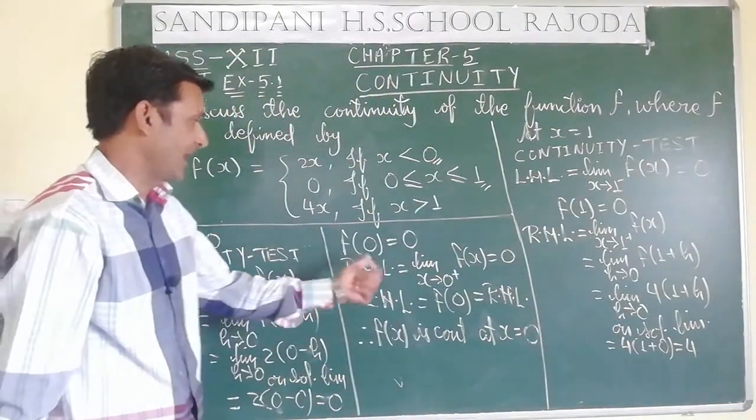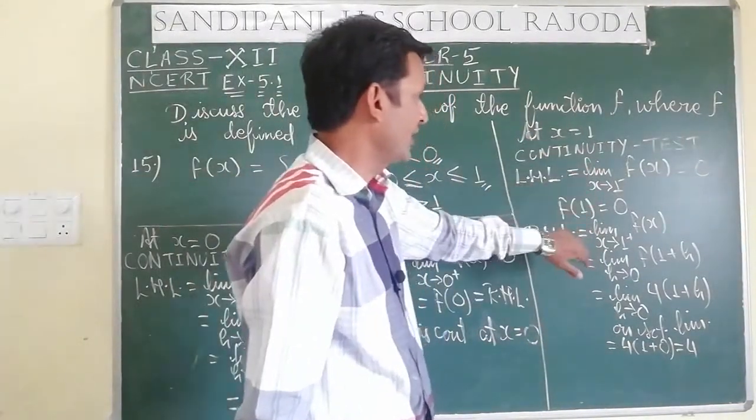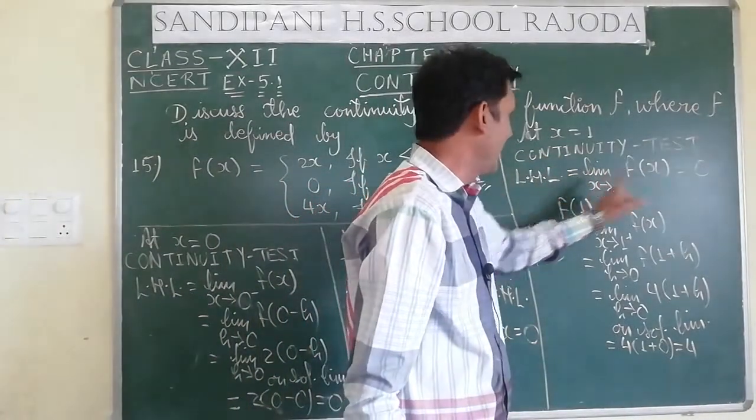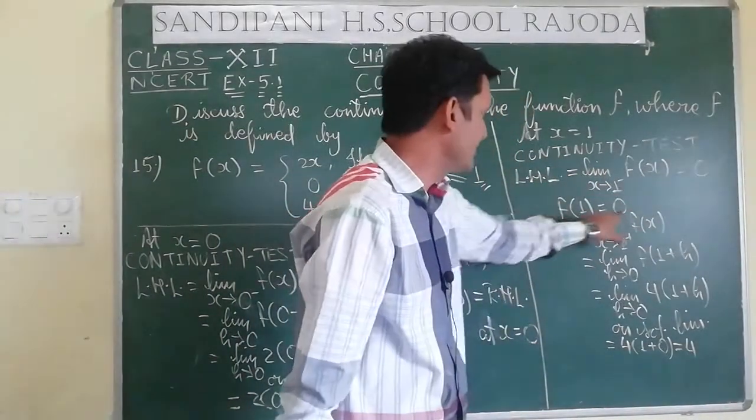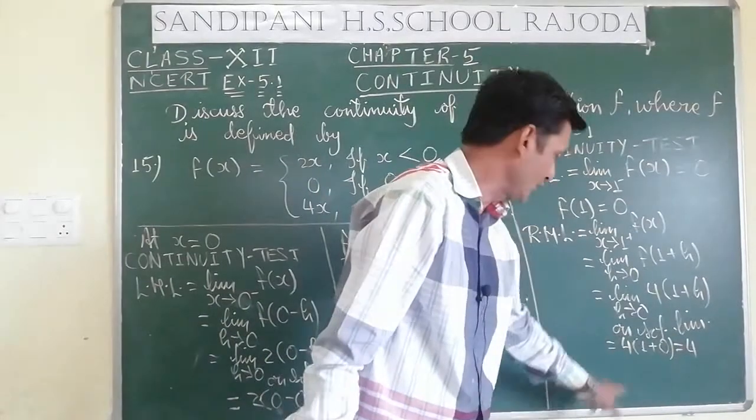So see, at x is equal to 1, what we concluded? At x is equal to 1, LHL is 0, f of 1 is 0, but RHL is 4, because 4 1s are 4.